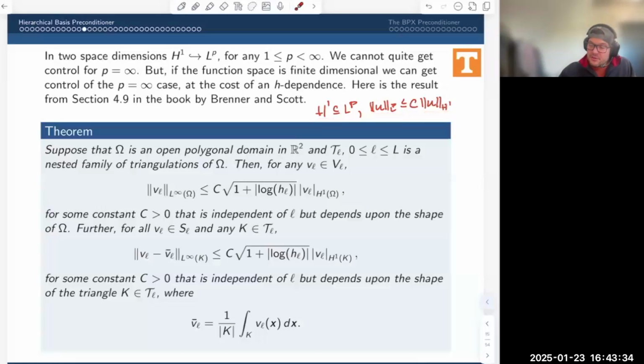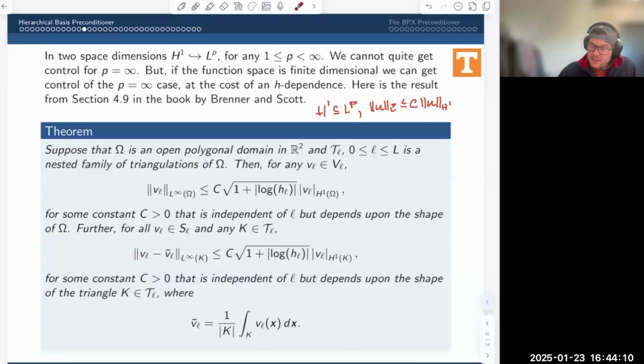So this is what's called an embedding result. There's a debate in the community whether embedding begins with an E or an I. Most people use E, embedding. Now, this does not hold if p is equal to infinity in 2 dimensions. However, again, if I go to a finite dimensional space, then I can get that result to work.